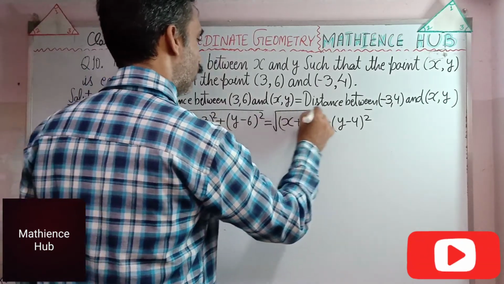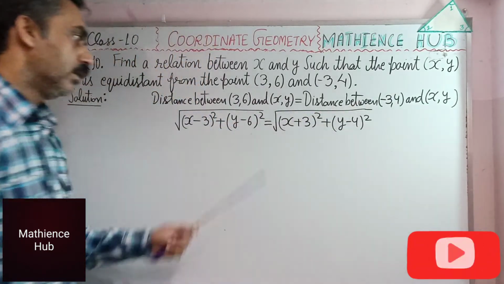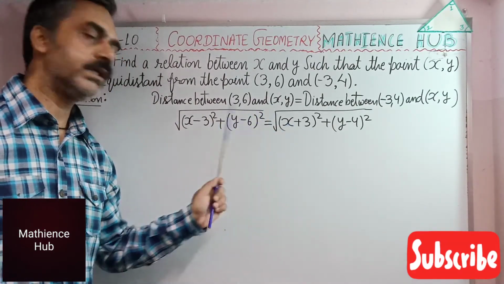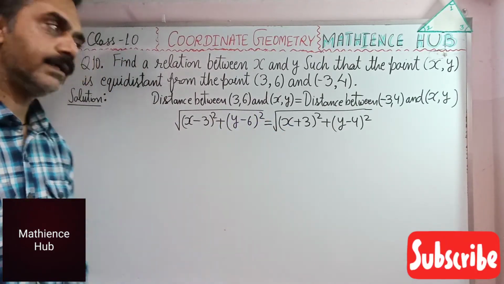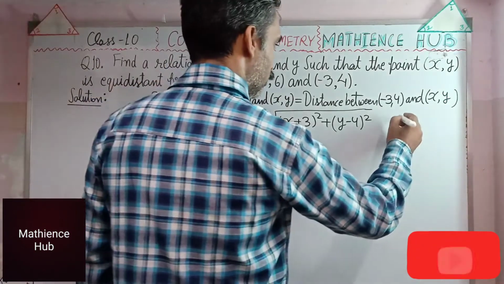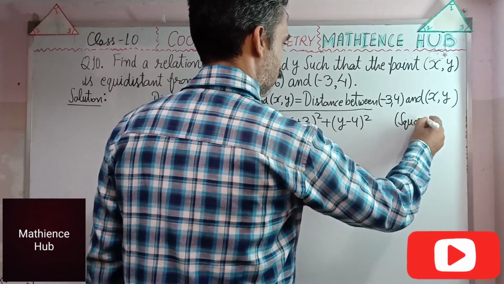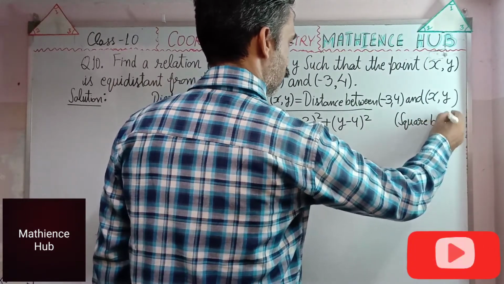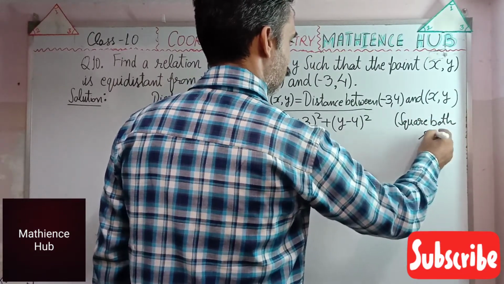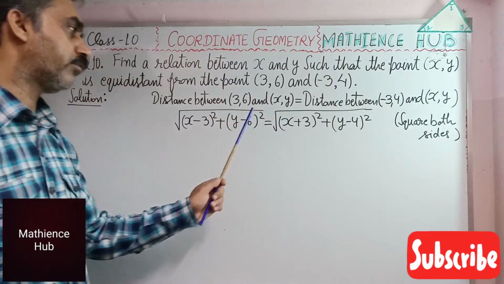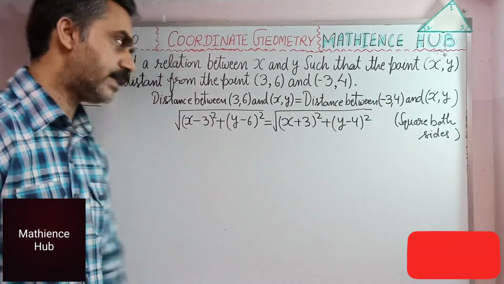In the distance formula, the square root is on both sides, left hand side and right hand side. To remove the square root, we square both sides, and the square root is removed from both sides.